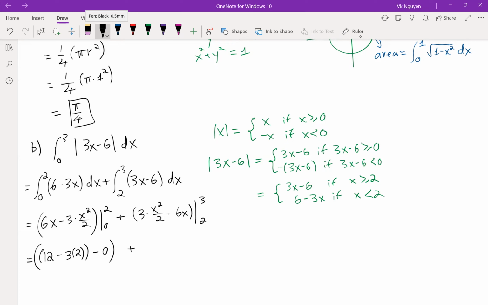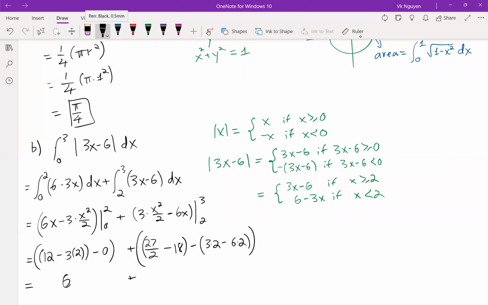So 3 squared is 9, 27 over 2, minus 6 times 3 is 18. Minus, okay, plug in the number 2. And we have 3 times 2 minus 6 times 2. 12 minus 6 is 6.